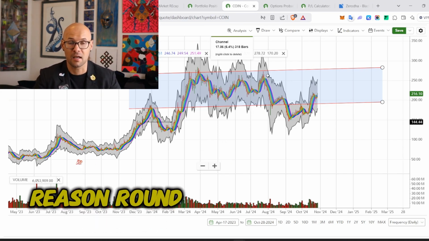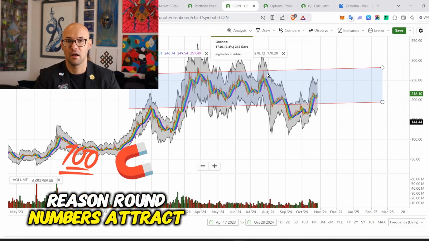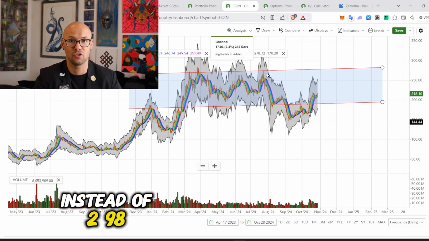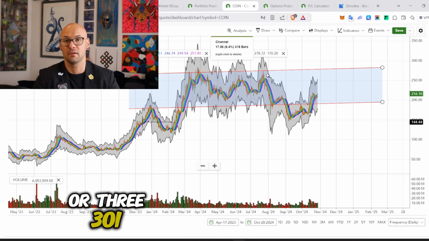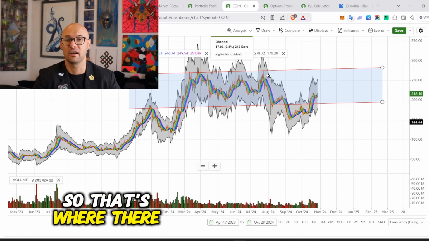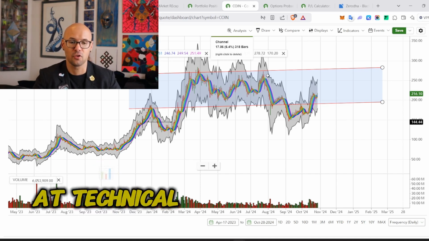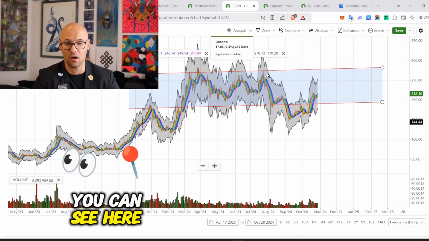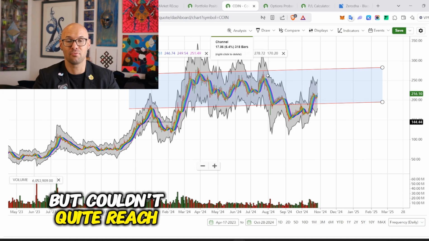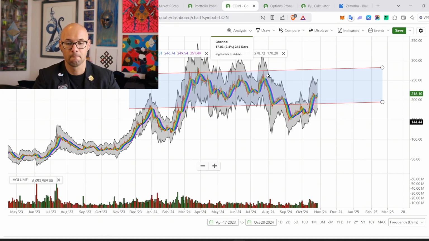And for some reason, round numbers attract people. It's easier to decide to sell something at 300 instead of 298 or 301. People will choose the round number. So that's where there will be resistance. And if you look at technical analysis, you can see here that it went near 300 but couldn't quite breach it in the recent years.